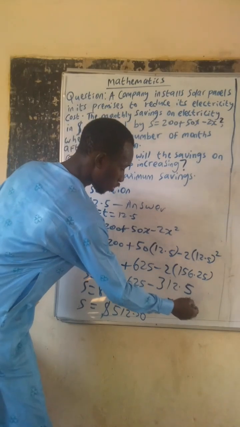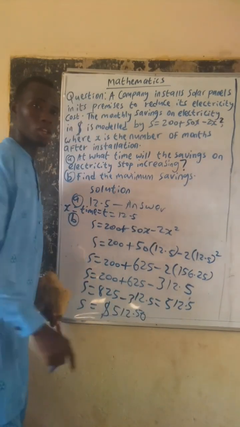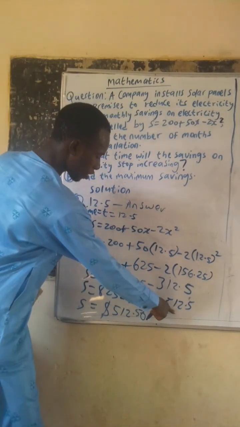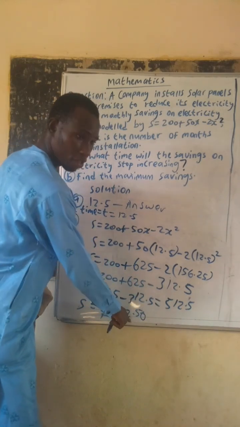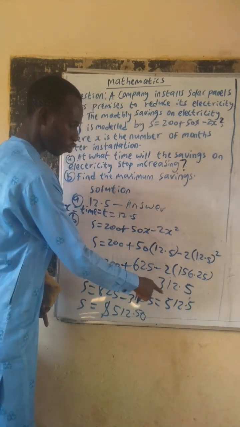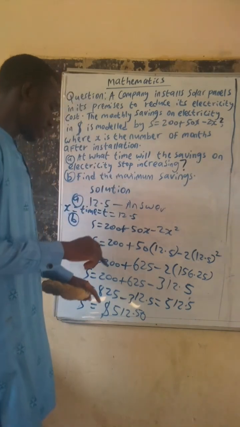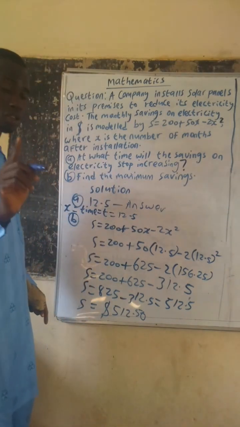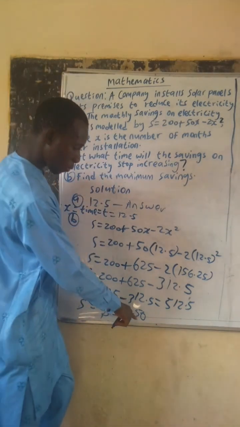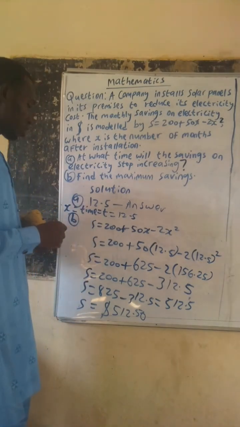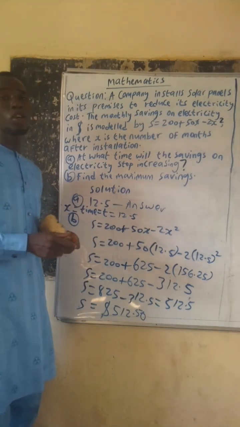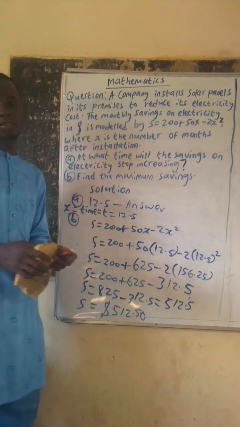So we put 0 at the end here. 512.50 is the same thing as 512.5. But since we're dealing with money, we have to put the 0 here, if not, our answer is wrong. So this is the solution to this given problem. See you in my next tutorials.